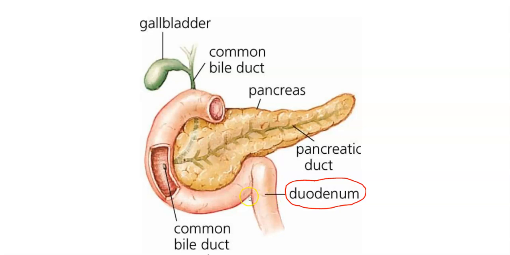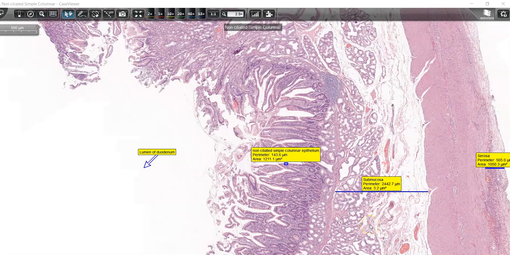If we look at the cross-section of duodenum, the wall of duodenum has four main layers, which are the serosa layer, the muscularis externa layer, the submucosa, as well as the mucosa layer.